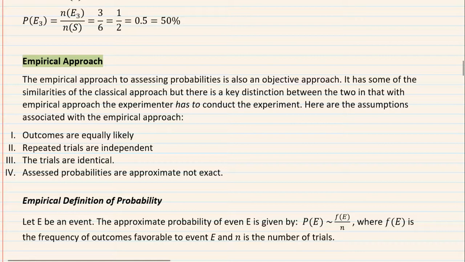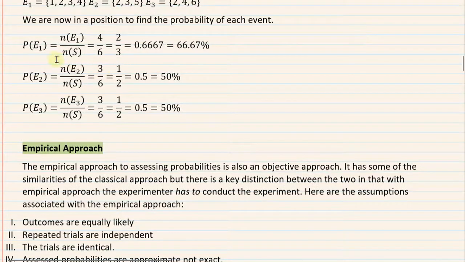So these empirical probabilities are sensitive to the sample, so they are not definitive and not exact, as was the case with the classical definition. Remember, with the classical definition, probabilities are exact. Once you model them, they're exactly that. For example, the probability of event 1 up here is 2/3.